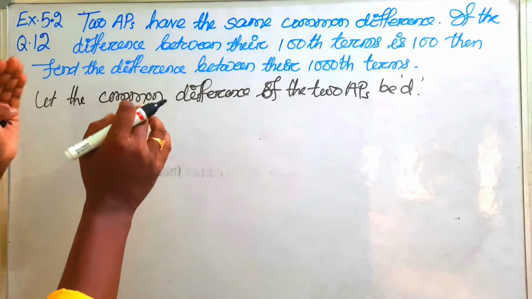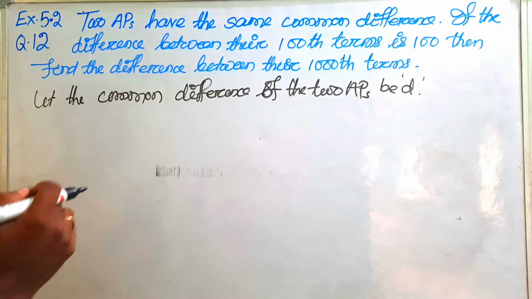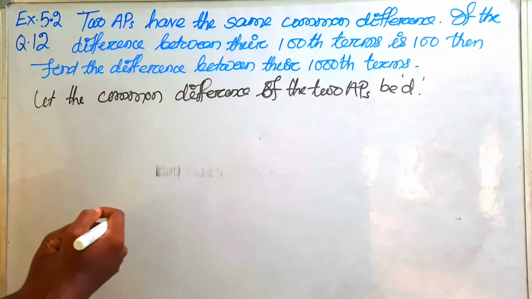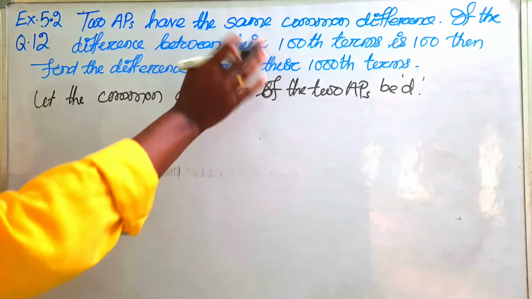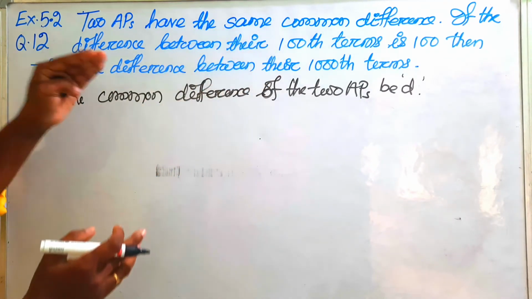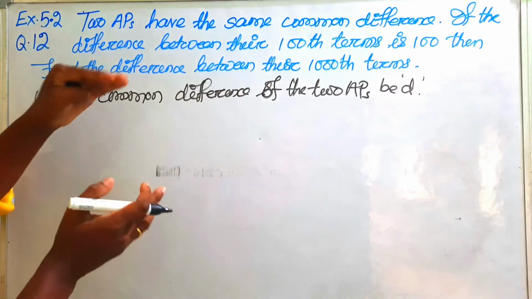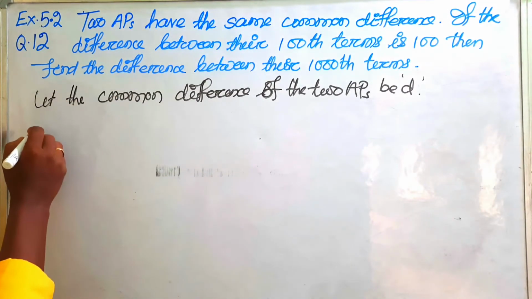To find the 100th term we should know the common difference, and another thing is the first term. Now what is the first term in the case of the two APs? Here the first terms are not given as the same, so you have to take different terms.